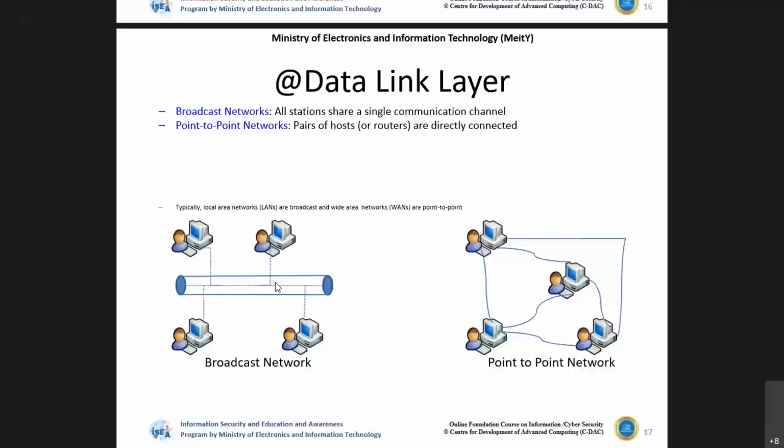It may not be only with respect to systems: let's say there are two organizations with two branch offices. In that case also, we'll be using point-to-point networks, where a leased line or some kind of connectivity will be established between those two points, and the entire communication will be sent over this point-to-point link.